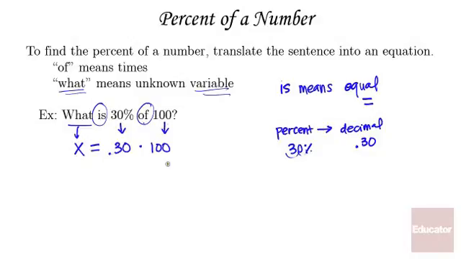Well, sometimes that's okay, but between 2 numbers, you don't want to use dot because that kind of looks like a decimal. Also, if you write it a little bit too low, it might look like a decimal. So whenever you're going to multiply 2 numbers together, it's always best to just use parentheses. Writing the number in parentheses like that between 2 numbers shows that you're going to be multiplying those 2.